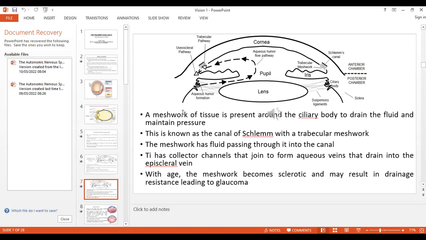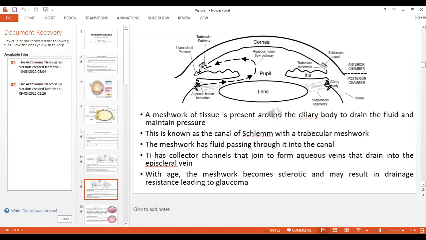With age, the meshwork becomes sclerotic. Okay, sclerosis has to do with hardening. When you say someone has sclerosis, it means there's hardening of a certain part of a certain tissue. So that's what they mean when they say with age, the meshwork becomes sclerotic and may result in drainage resistance, leading to glaucoma.